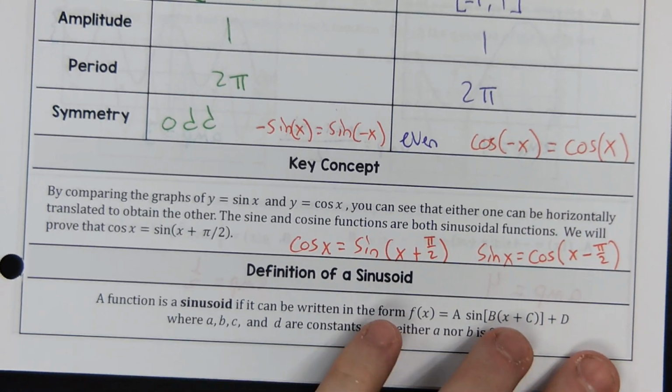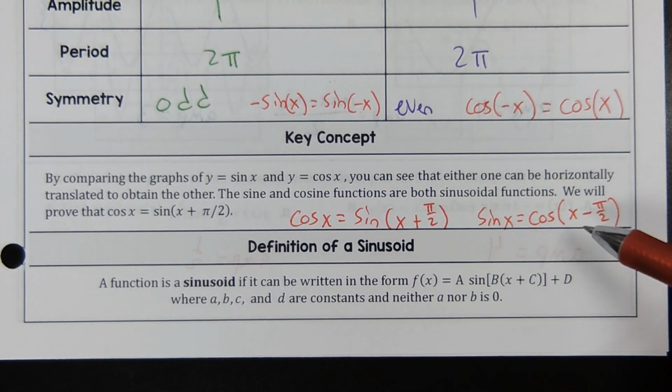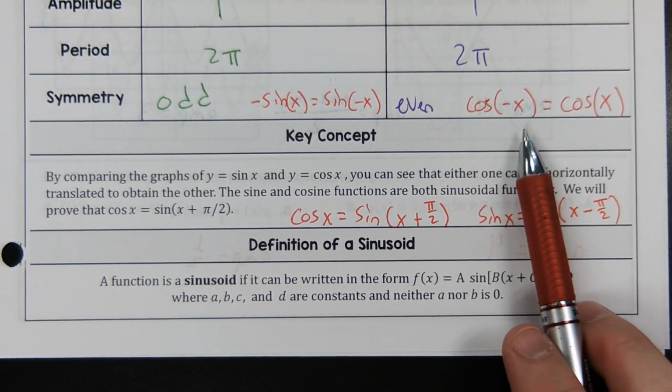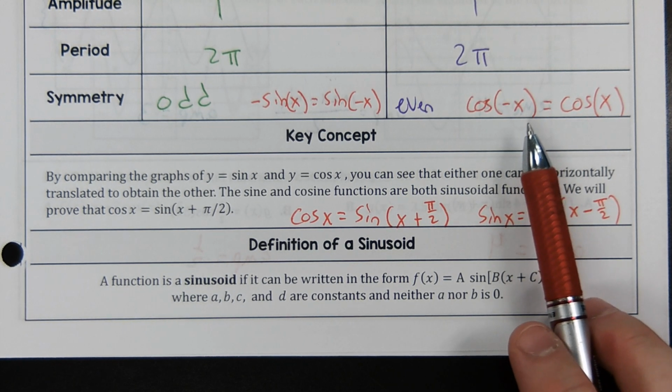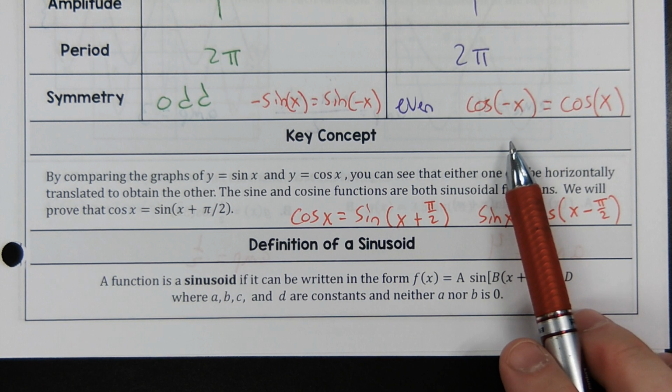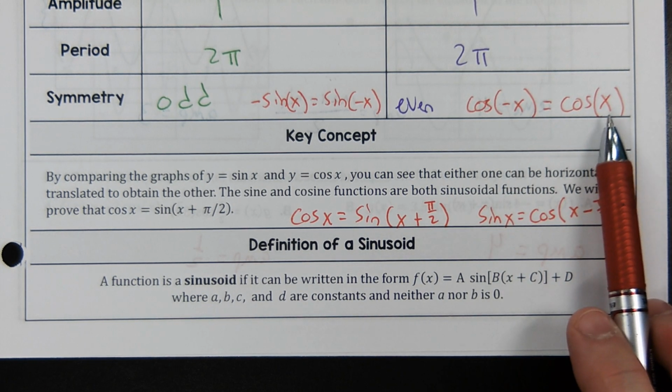But here's the thing. This is not typically how we see this identity in textbooks. How do we typically see it? Well, let's check this out. Remember that cosine is an even function? What that means is, if I multiply its argument by -1, that's the same as doing nothing, right?